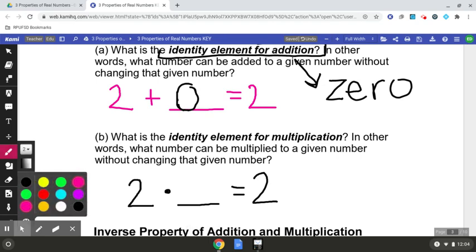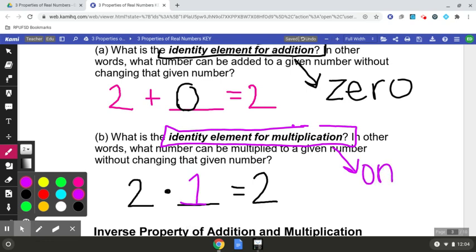Okay, you should have taken a second and thought about it, and it would be the number 1, right? If I do 2 times 1, I still end up with 2 as an answer. So my identity element for multiplication is 1. I could multiply any number by 1, and I'll still get the same answer back.